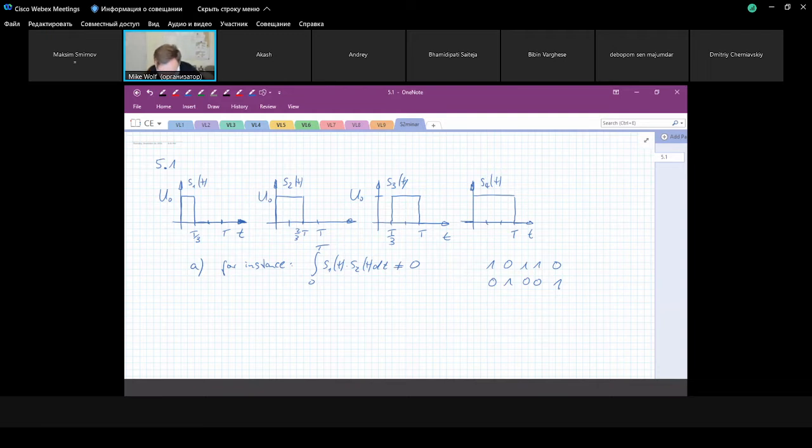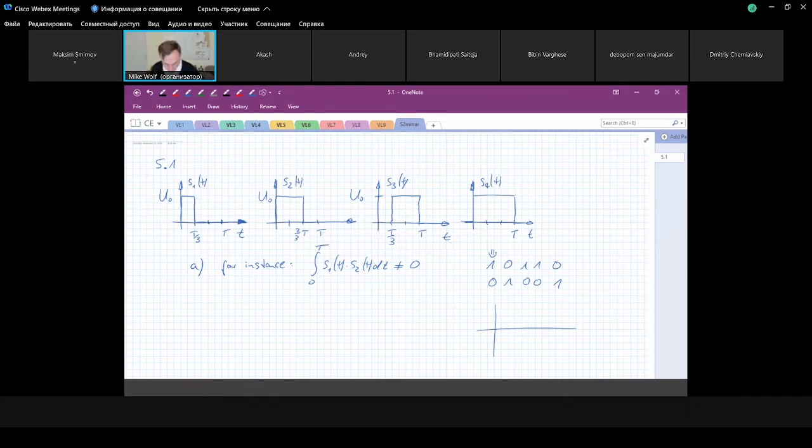Okay. And now if we use, for instance, antipodal modulation, this is still a bit to be transmitted, but after encoding. And then we would say, if we use only 2 different signals, S1 is a rectangular pulse with positive amplitude, and S2 is a rectangular pulse with negative amplitude.